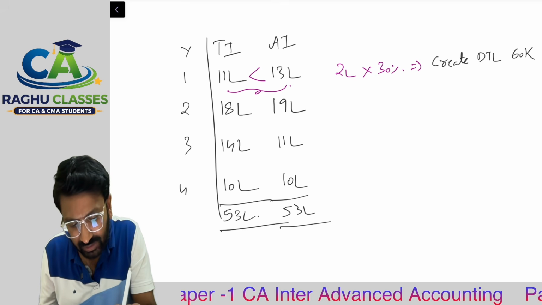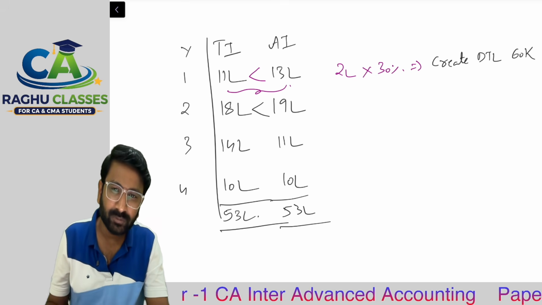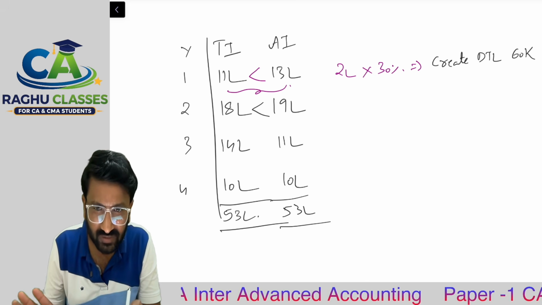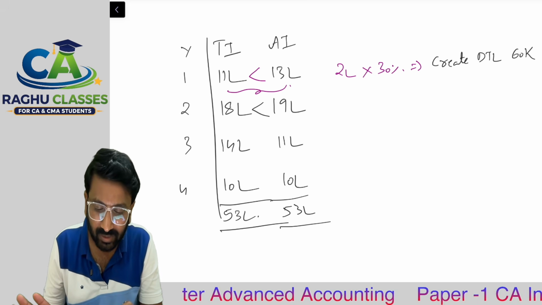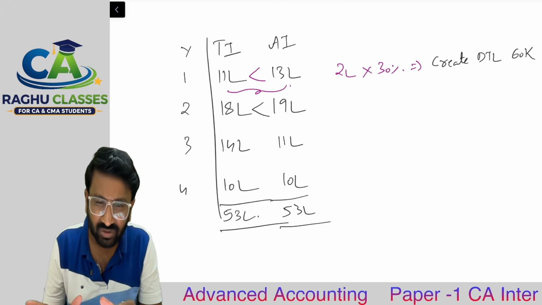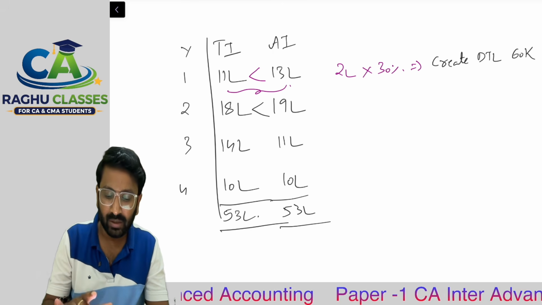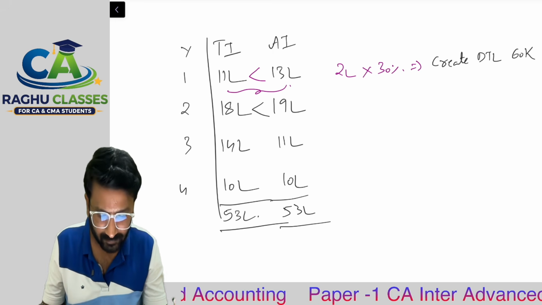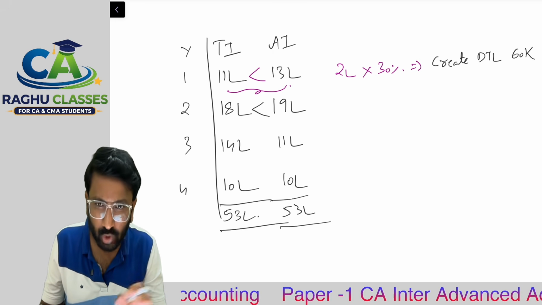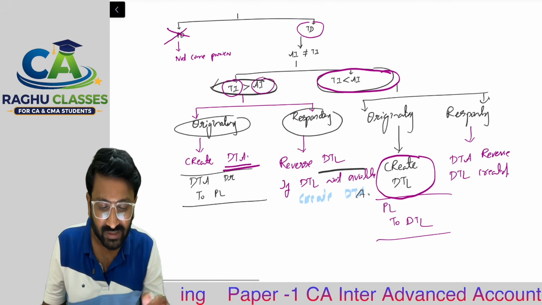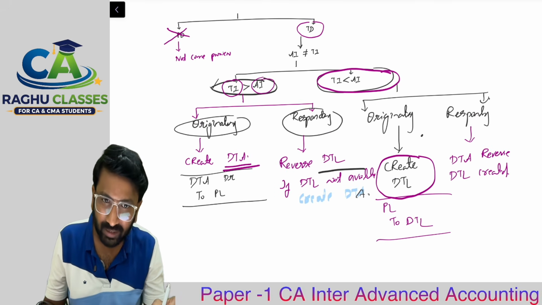Clear? Now, moving on to year number two. Even in the second year, your taxable income is only lower. Now let's say this is not a fresh difference coming up. This is the same difference which has arisen in the first year, let's say it's continuing in the second year also. Now it's a responding difference, and your taxable income is lower. So what does the standard say? If it is originating, you create liability.